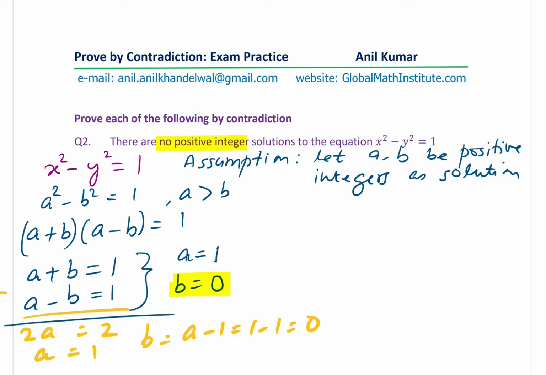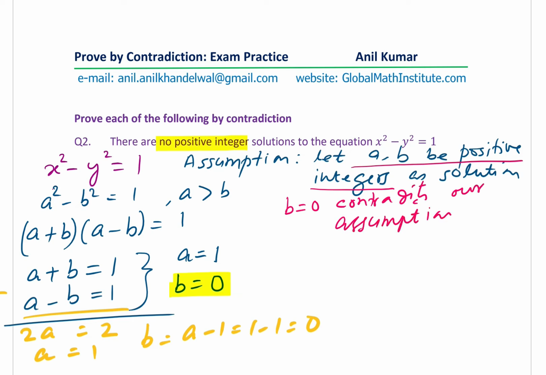Now, that is contradictory. We are saying that a and b are positive integers, right? So b equals 0 contradicts our assumption, right?